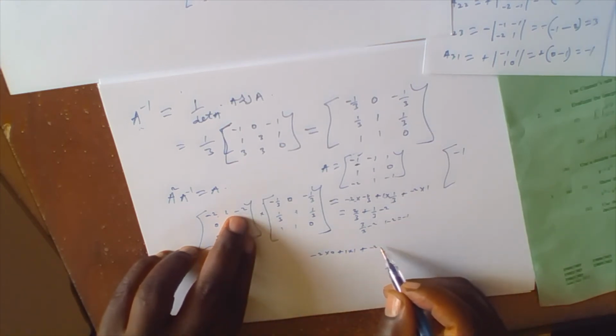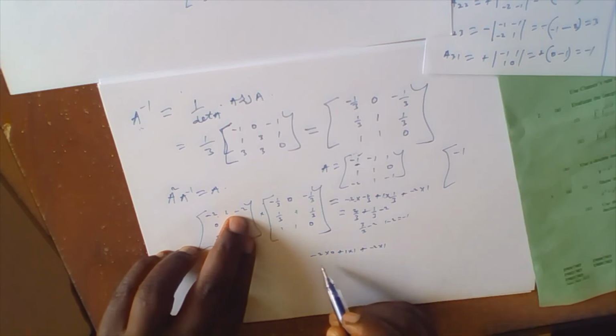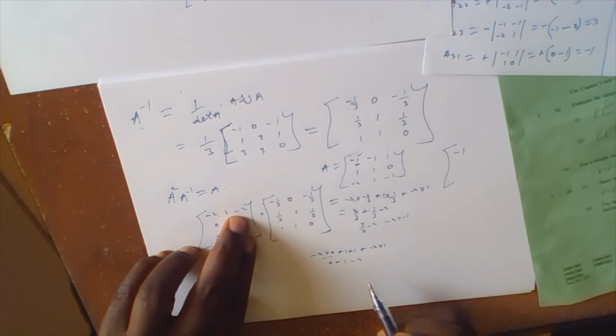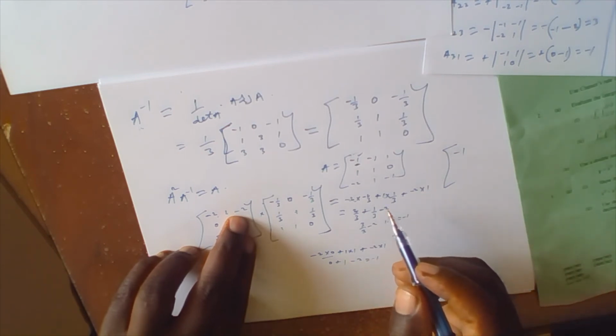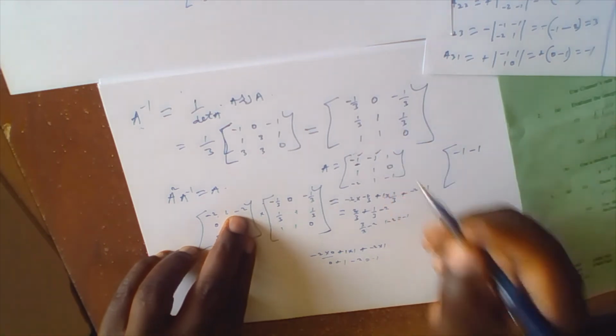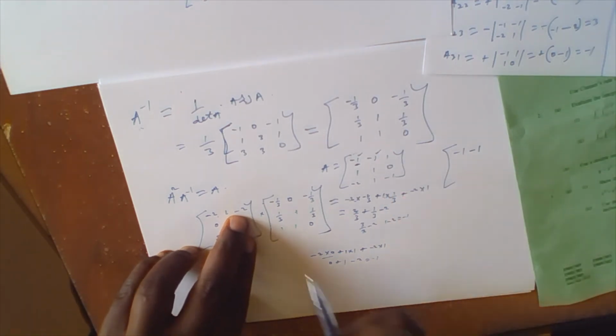So this equals to 0 plus 1 minus 2. So we have 1 minus 2, so this is negative 1. So our second element is negative 1, which is that one.